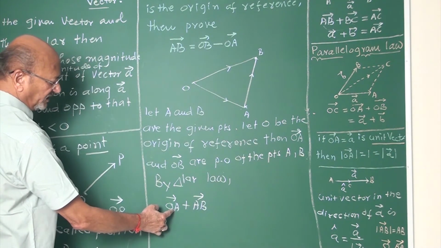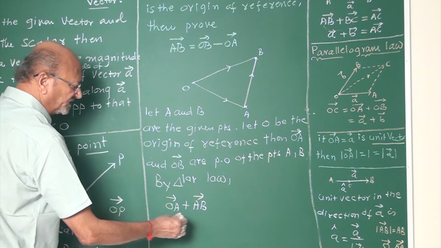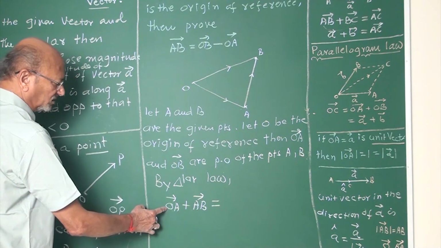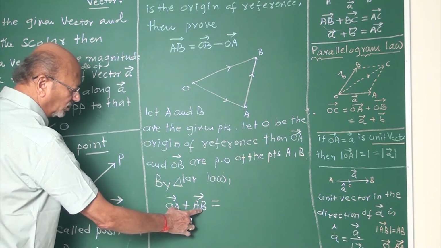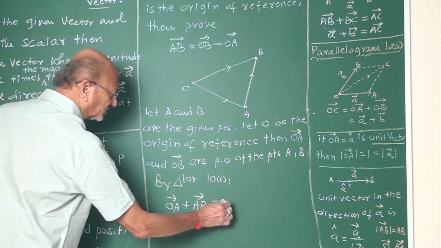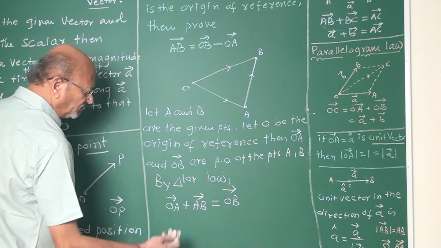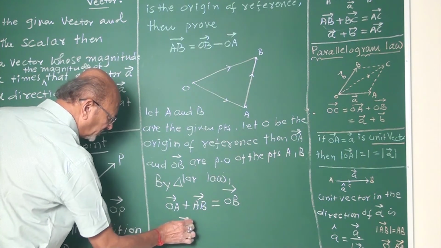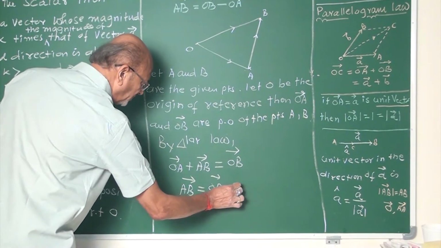See friends, the end point and initial point are the same, so vector addition exists. This is nothing but the resultant, from the initial point of the first vector to the end point of the second vector, that is OB. Therefore AB is OB minus OA, shifting OA to that side.